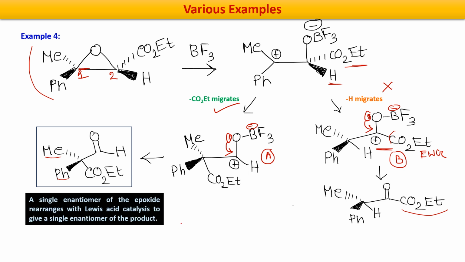So here we can make this statement that a single enantiomer of the epoxide rearranges with Lewis acid. Single enantiomer of the epoxide means I am talking about the initial substrate. So after Lewis acid catalysis, we are getting a single enantiomer of the product. So if you want to understand how we are getting this product from S to P, this explanation is applicable.